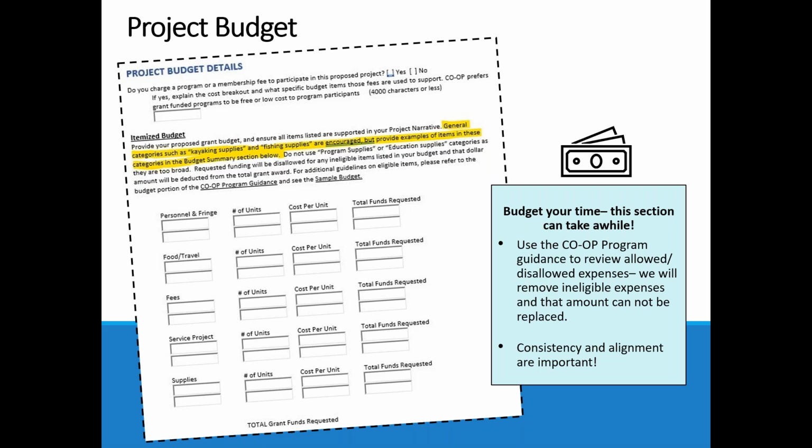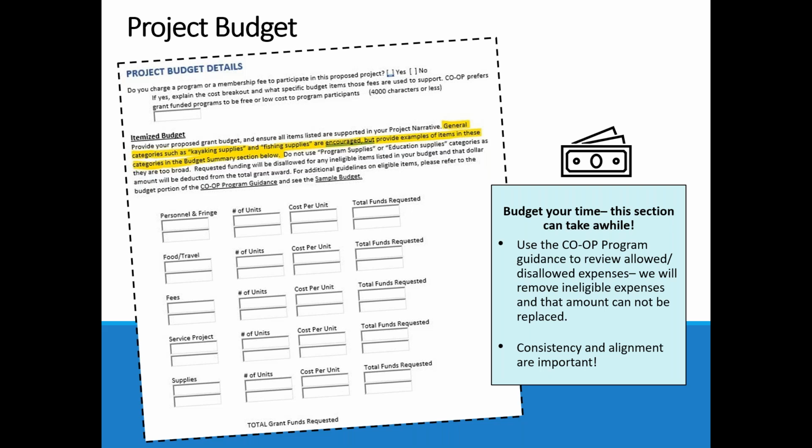The other part of the budget in the application, consistency and alignment are incredibly important. When you are doing your budget, I really encourage you to go back to your SMART goals, go back to your narrative, go back to your timeline, and make sure that everything is aligned.